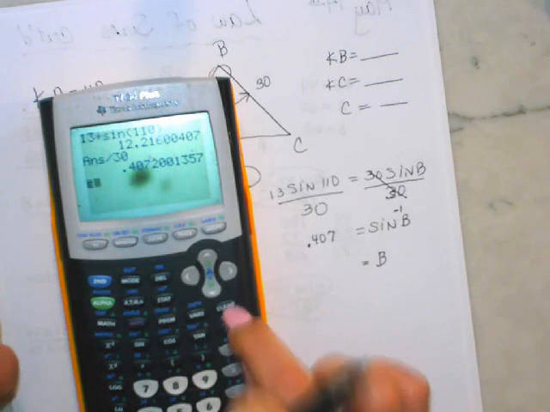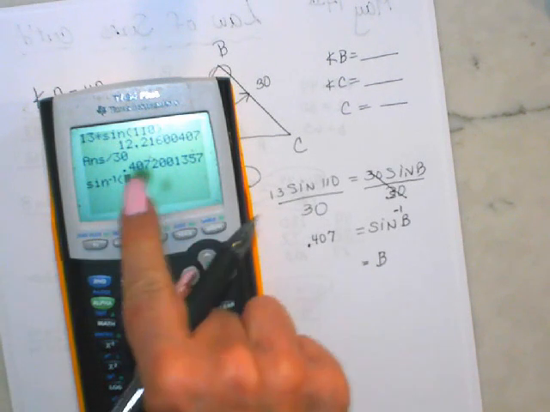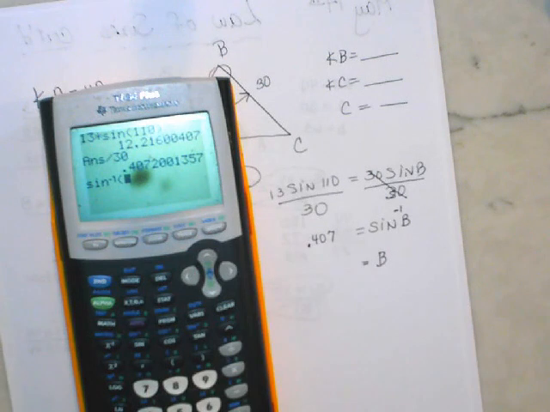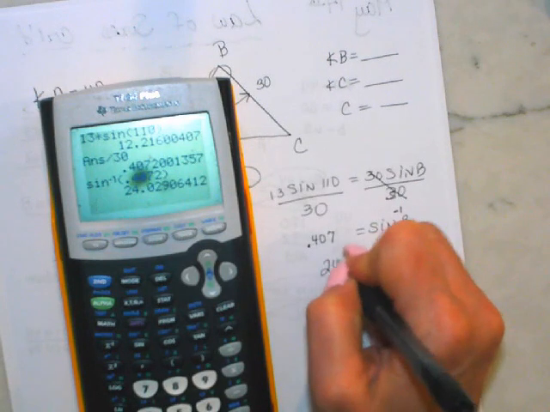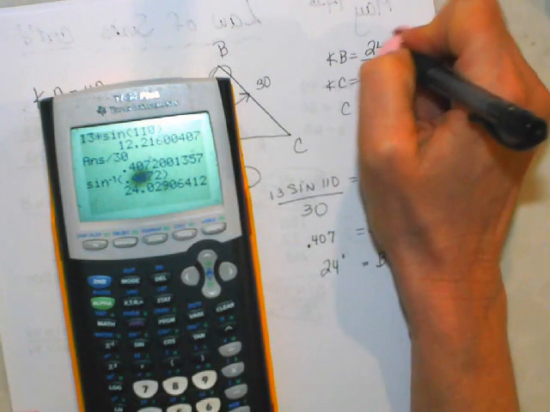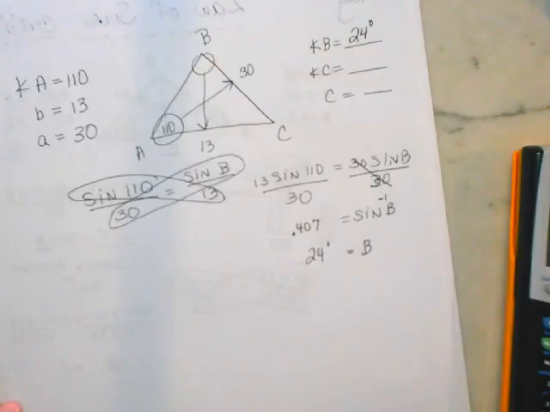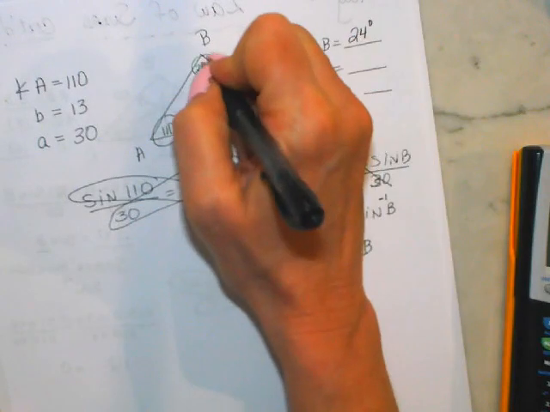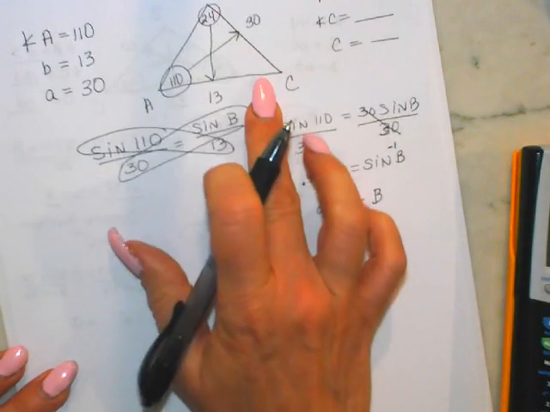So you hit second sine, see how it's a negative 1? And I want this in there. Now again, you could just hit second answer. If you want, you could just say 0.4072. That's close enough. And it's about a 24-degree angle. And I'm going to take it to the nearest whole number because who cares, right? Come on. You know how I feel about decimals. So I just found angle B to be 24.